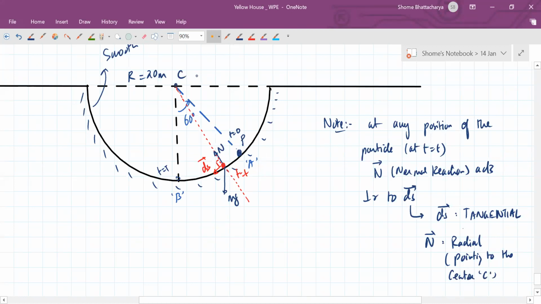This is C, the center of the hemisphere. The normal reaction at any point will be pointing towards that.